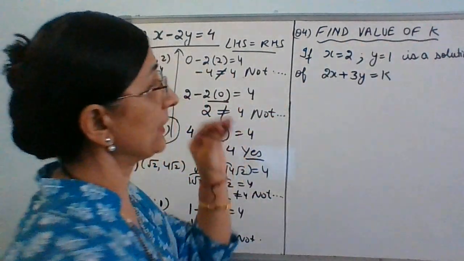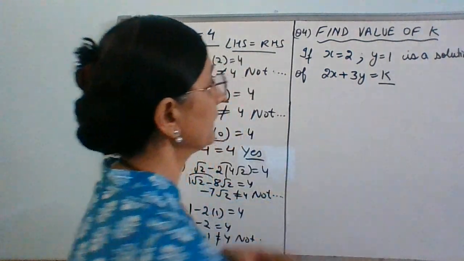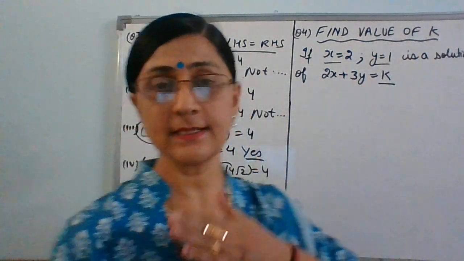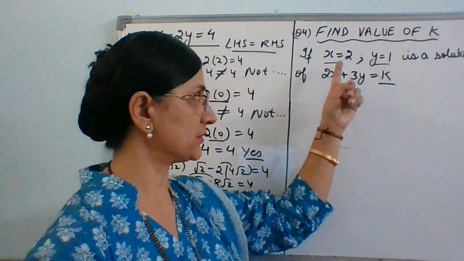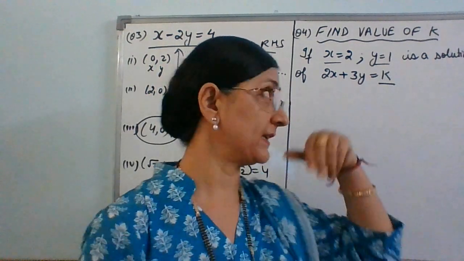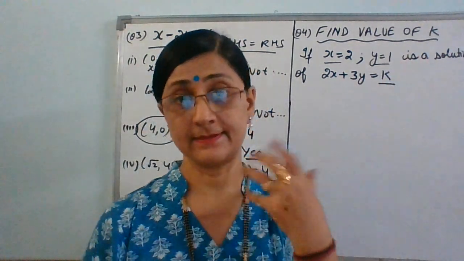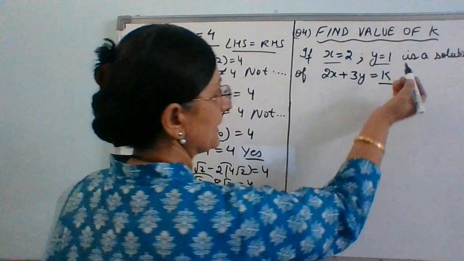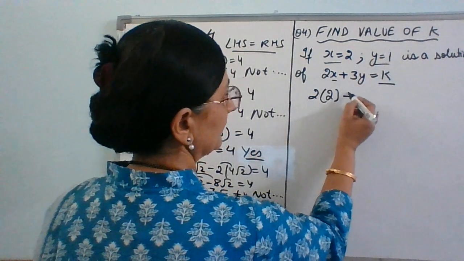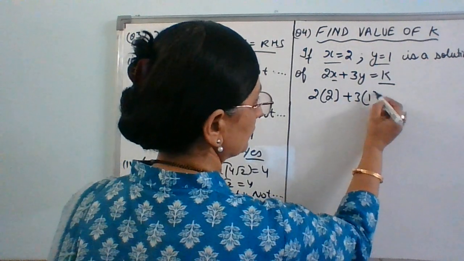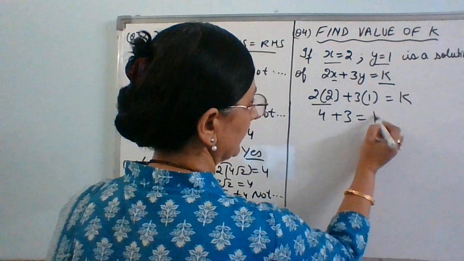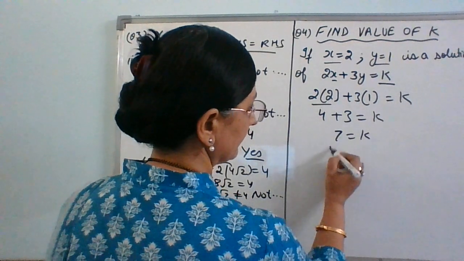Now let us see what is there in question number 4 here. Find the value of k, right? What is given? x equals 2, y equals 1 is a solution. Is a solution means when we substitute x as 2, y as 1, LHS and RHS will become equal because they have given that it is a solution, right? So it should satisfy the equation. Now here let us substitute 2 in place of x, and 1 in place of y. So 2 2s are 4, 3 1s is 3, and k comes out to be 7 here.